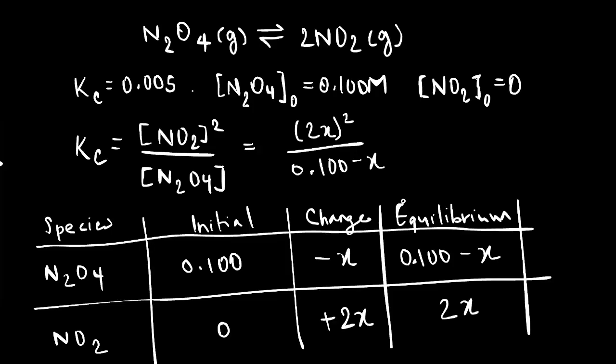So this is what we're looking at here, and now what we actually have left out is the fact that we actually know what this is equal to. So we can say that this is equal to 0.005. And so by solving for x in this sort of equation here, we would be able to figure out by what quantities our species are changing, or we can then figure out our concentrations at equilibrium.